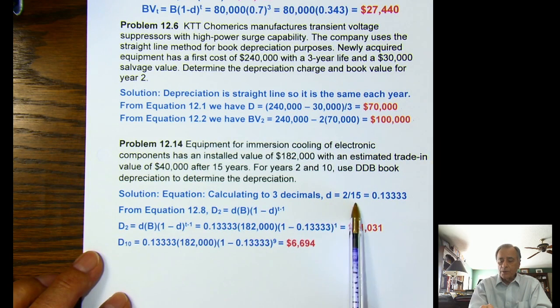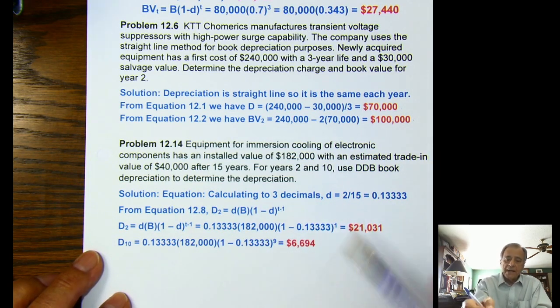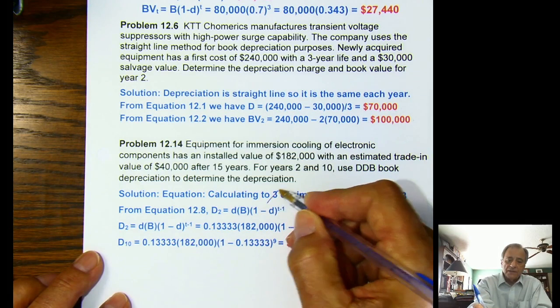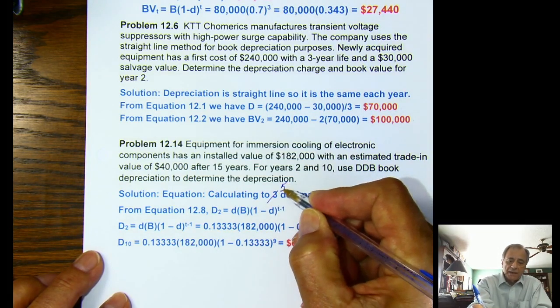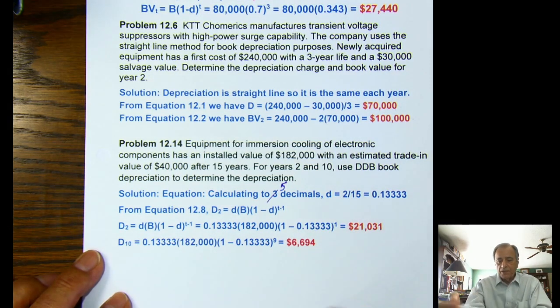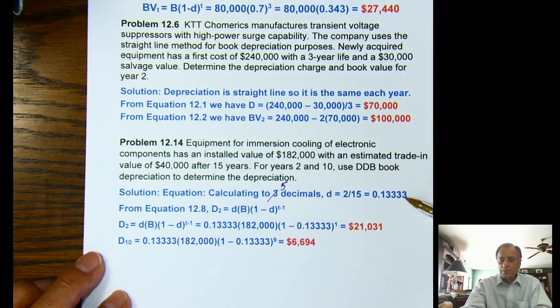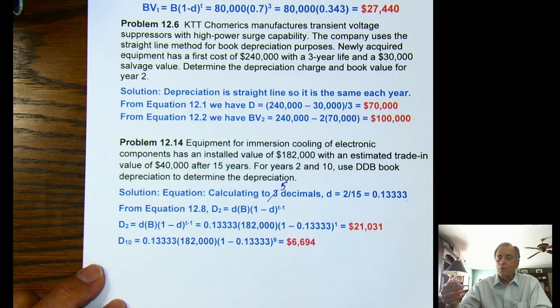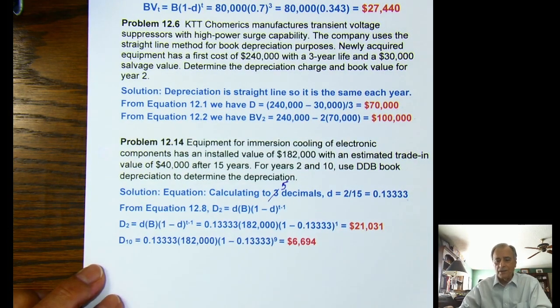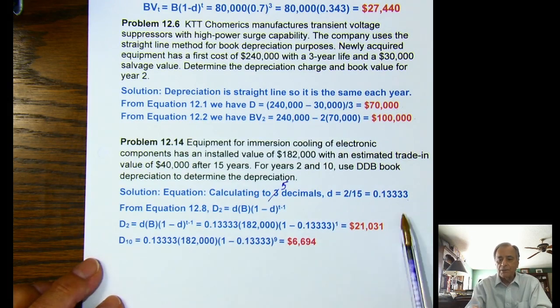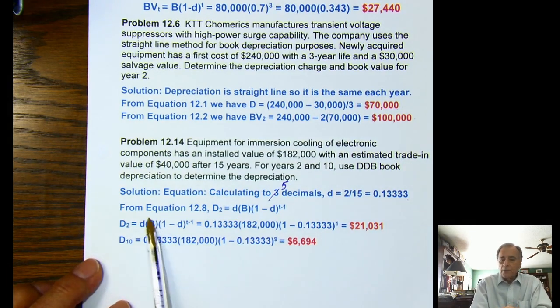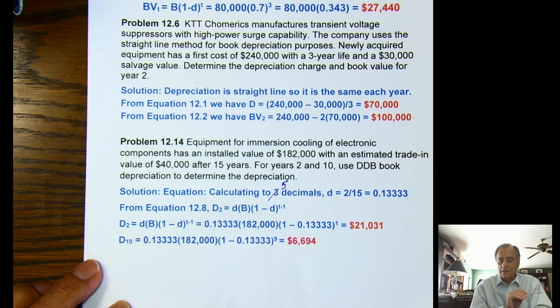So that means that D is equal to 2 over 15. I carried 5 decimal places in my solution. The author said just use 3, but I wanted more accuracy, so I used 5. Because you can see there's a 0.3333 infinitely, so to speak. From equation 12.8, d sub 2 would be d times b times (1 minus d) to the t minus 1.